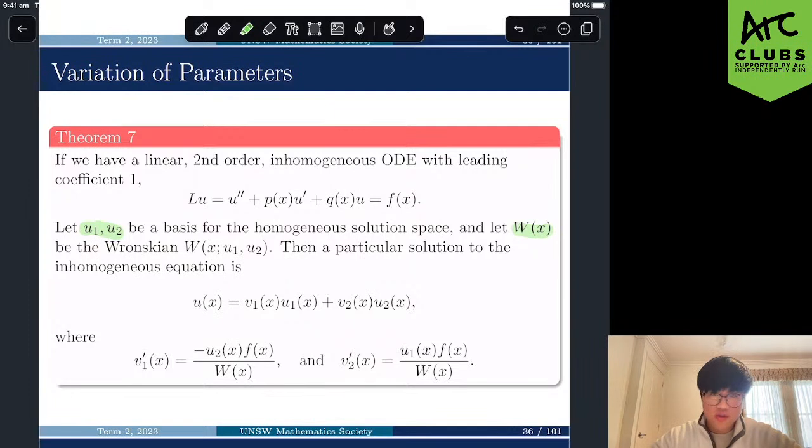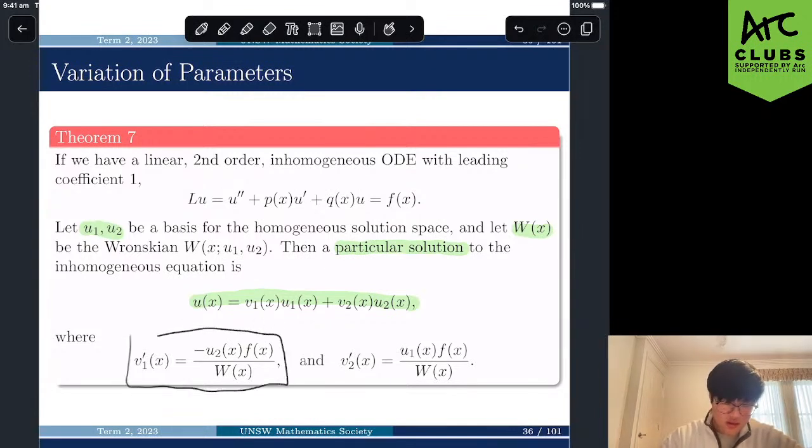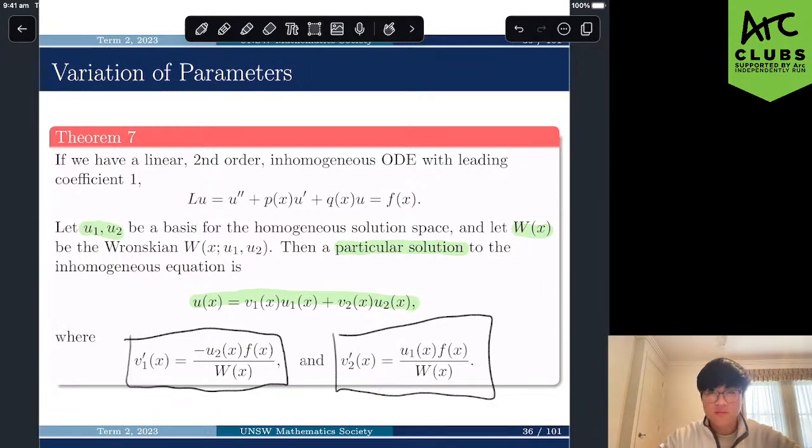This method is used to find a particular solution, and the particular solution is just this here: v1 times u1 plus v2 times u2, where v1 dash is this formula and v2 dash is this formula here. It just looks like a lot to memorize, but it is just a theorem that you apply the formulas for.